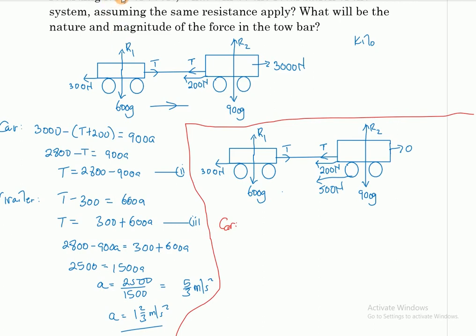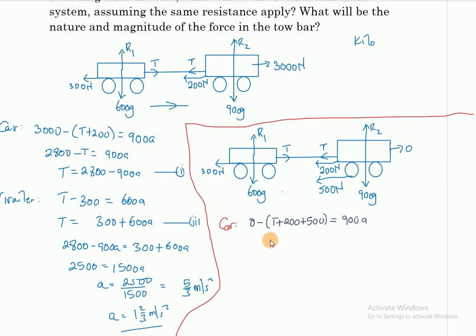Consider the motion of the car. We have 0 minus T plus 200 plus 500 is equal to 900A.